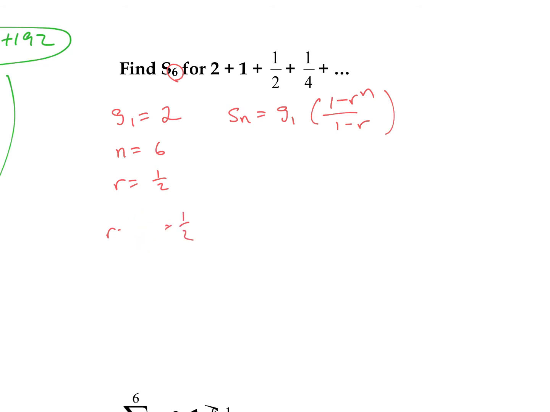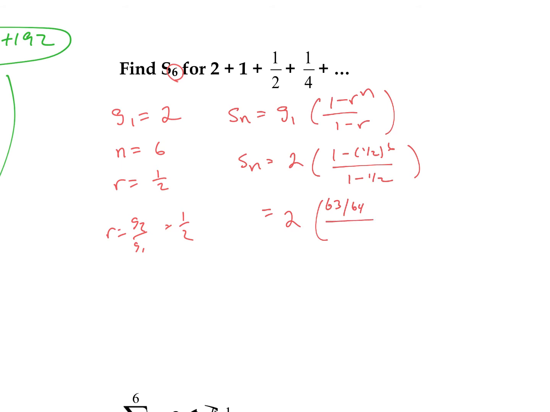I'll clean this up. So S sub n is equal to 2 times 1 minus 1/2 to the 6th over 1 minus 1/2. If you keep it organized, 1 minus parentheses 1/2 to the 6th power. Hit math, enter. Get your fraction, so 63 over 64.